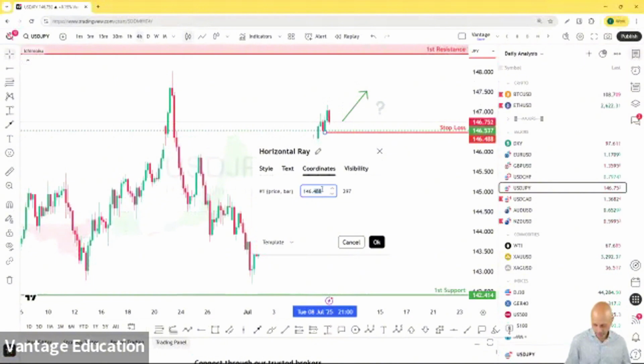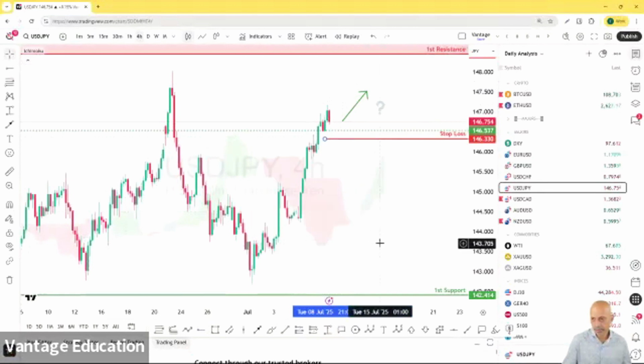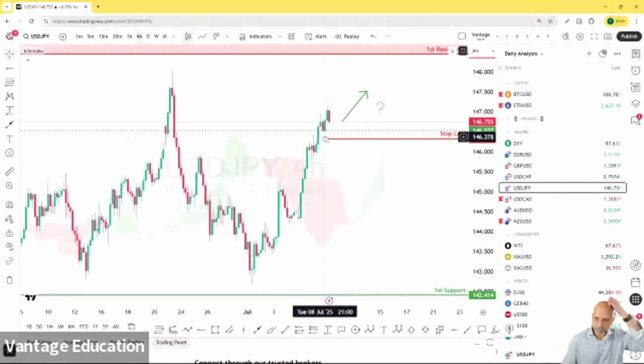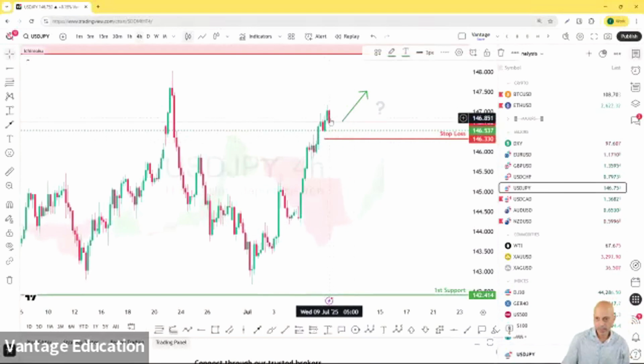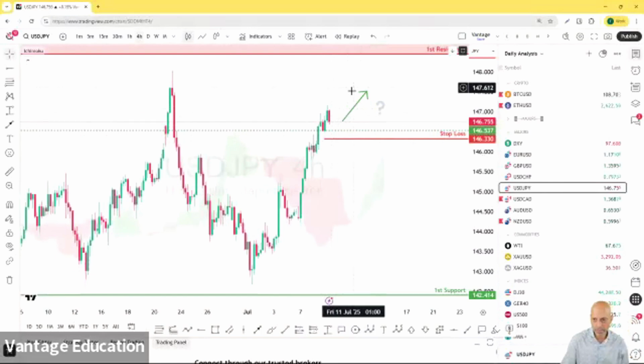So that means below this point here, stop loss would be at 146.33. So we have a 15 pip buffer below the support here. That means if we do see dollar yen pulling back, and it stabilizes above the pullback level at 146.53, or bounces off this level and starts to climb higher once again, you've got a good opportunity to ride the upside.